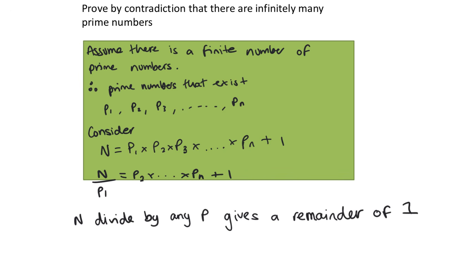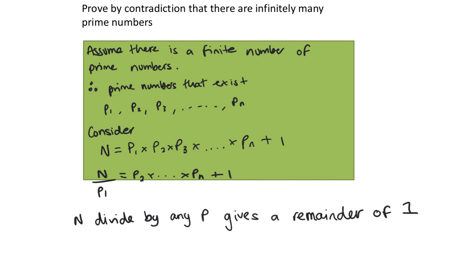No matter what we do, if we were to divide it all by P2, we'd have the product plus 1. Now the whole point of having this remainder is because we know that prime numbers can only be divided by exactly 1 and itself. So if we've got a remainder, this is good news, right? Because it means it's not entirely divisible without having a remainder. So we're saying if we're dividing it by anything but that number, we are going to have a remainder. We're just proving right now that this remainder is 1.